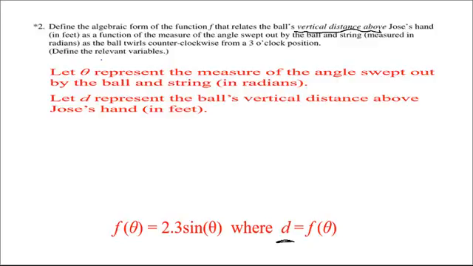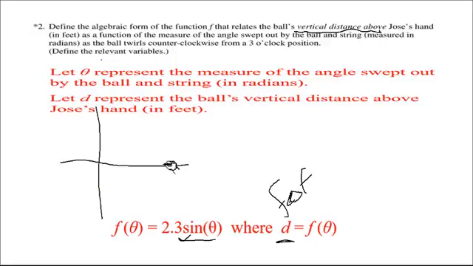That should give us clues to what function we want to utilize, the sine or the cosine. Hope you all know by now that that's the sine. And d is in feet, as a function of the measure of the angle swept out by the ball and string measured in radians as the ball twirls counterclockwise from the 3 o'clock position.